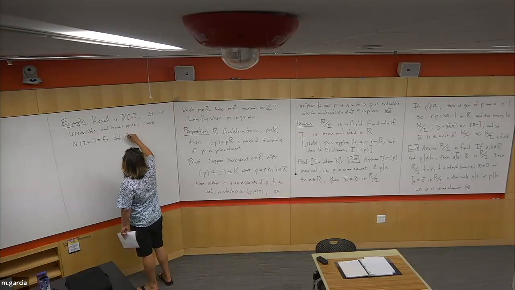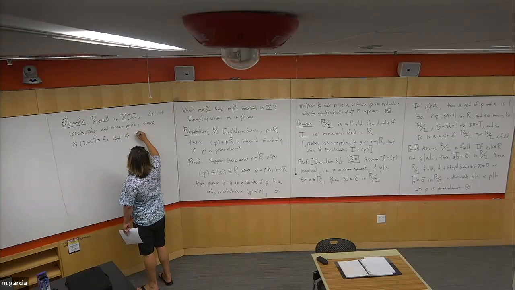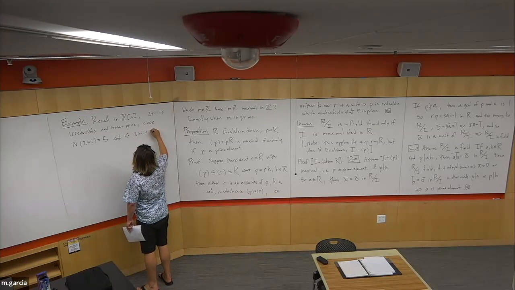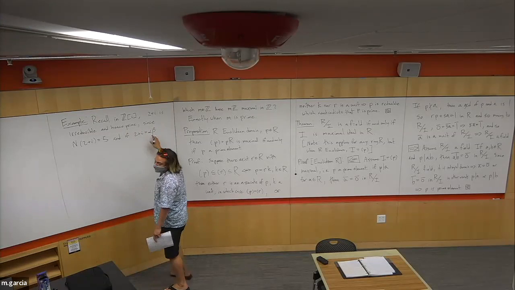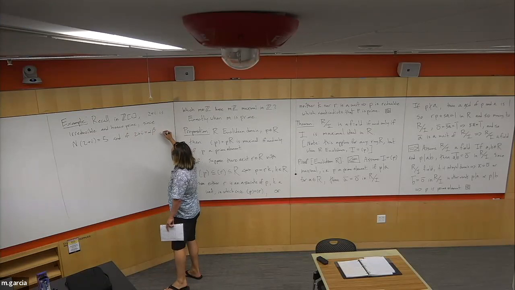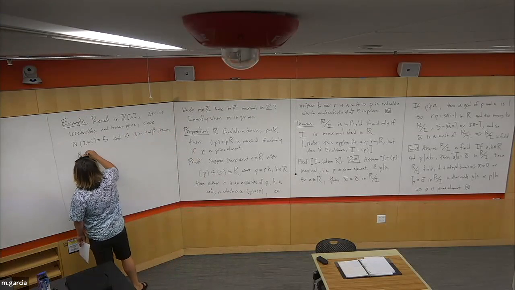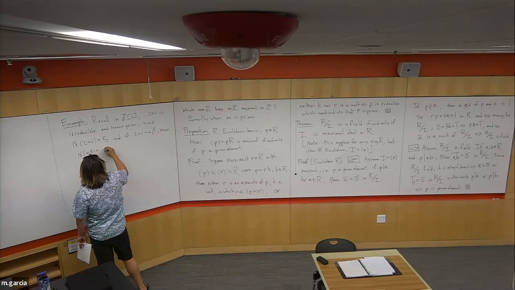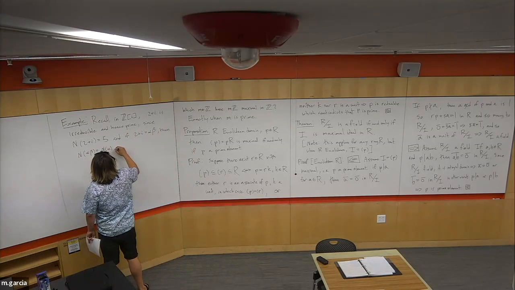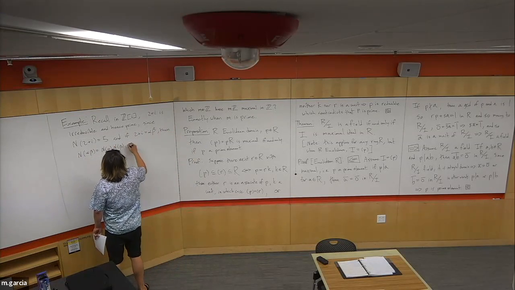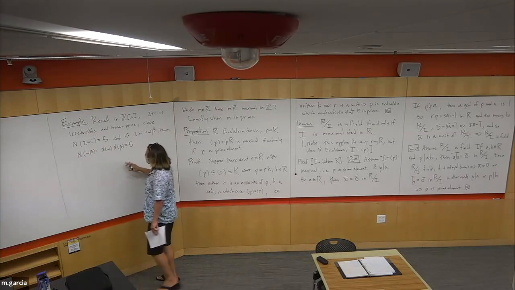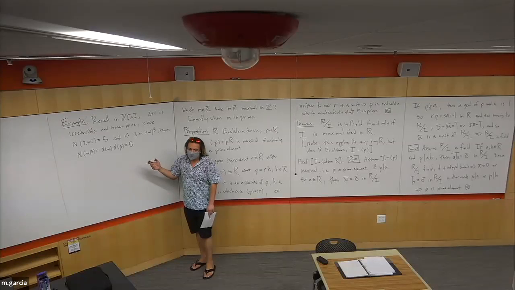And if 2 plus i was equal to alpha times beta, where alpha and beta are 2 Gaussian integers, then the norm of alpha beta is equal to the norm of alpha times the norm of beta, which equals 5. The only factors of 5 are 5 and 1, or -5 and -1, right?